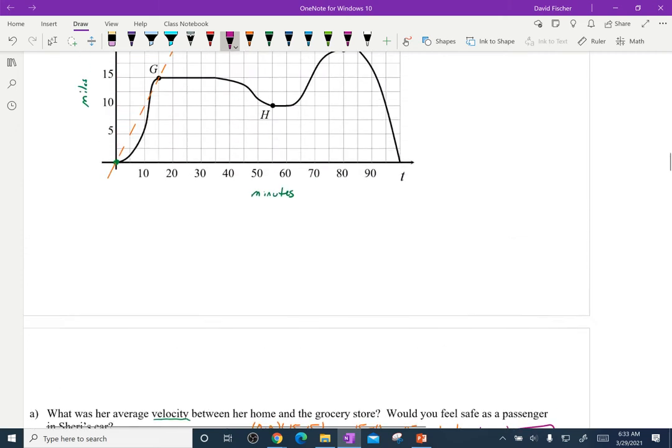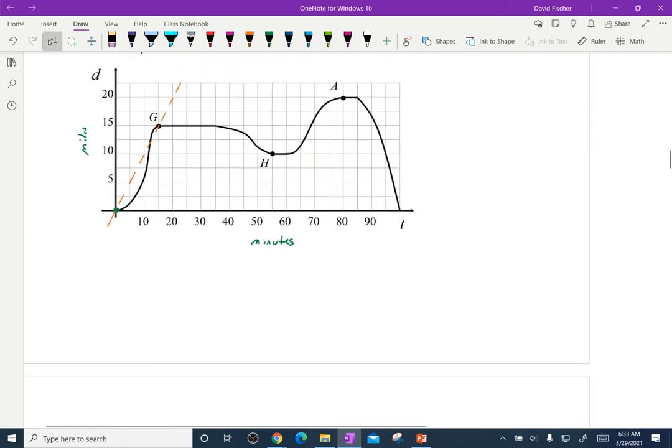How long was she at the grocery store? Now, again, we have to pay close detail to this. Where did she start at the grocery store? She started right here. And when did she leave? You can see that the line starts curving here. So she must have gotten in her car and started driving away, actually towards the hardware store.